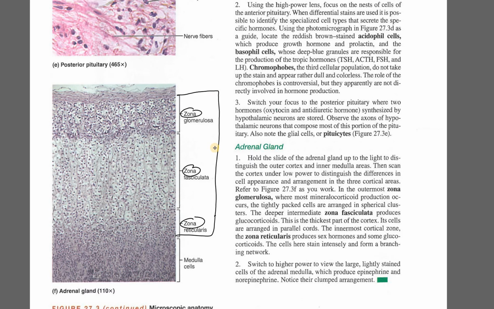Okay, so we have three layers. This would be the most superficial area as we work down to the deep layers, and then this would be the medulla area. So that's the deepest part. Okay, so we're going from superficial to deep.